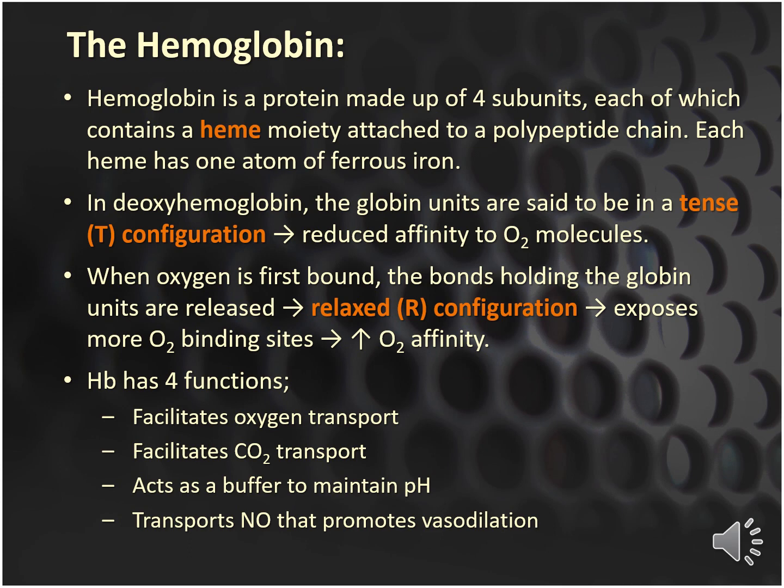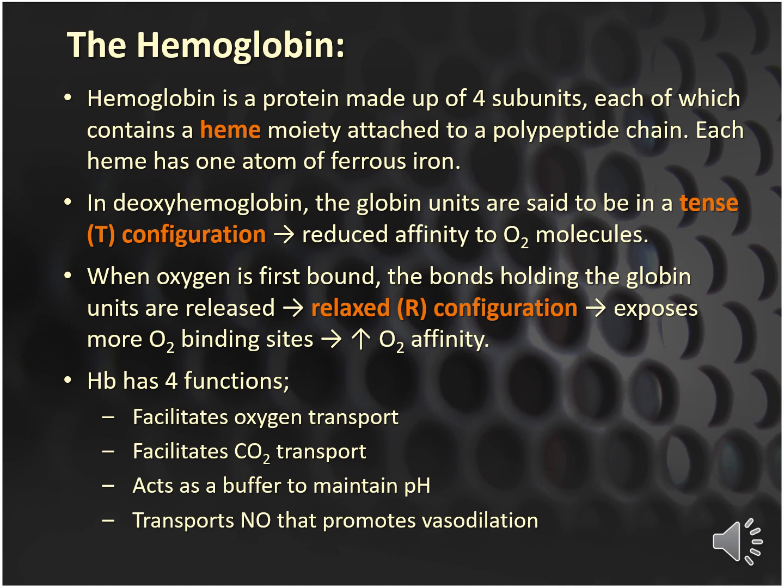Hemoglobin physiologically has 4 functions. The first function is to facilitate oxygen transport, as you may know. The second function is to facilitate carbon dioxide transport as well. The third function is that it acts as a buffer to maintain the pH of the blood.